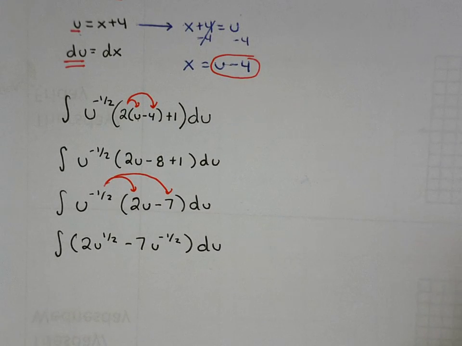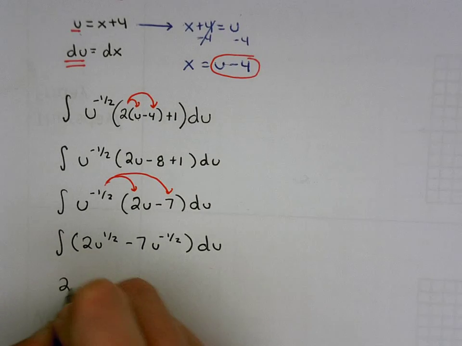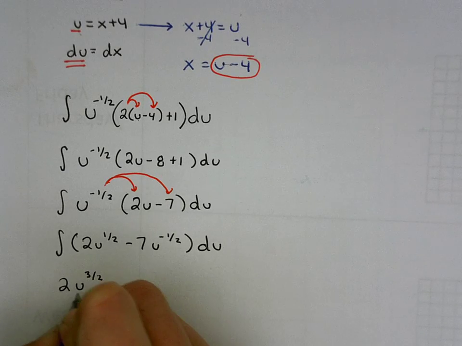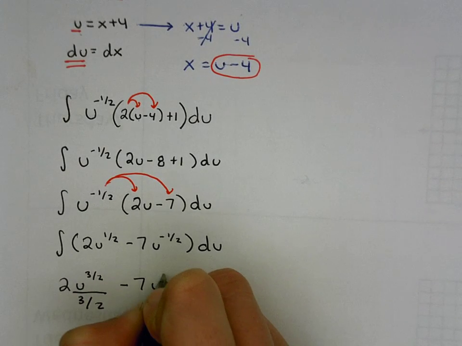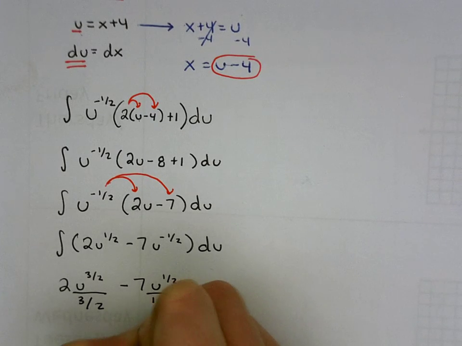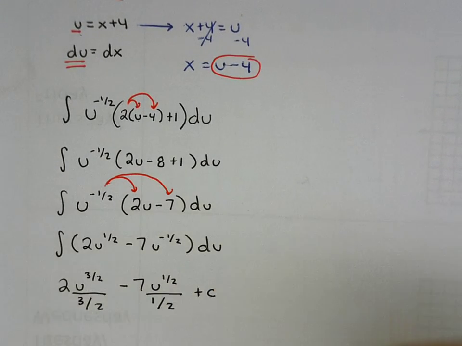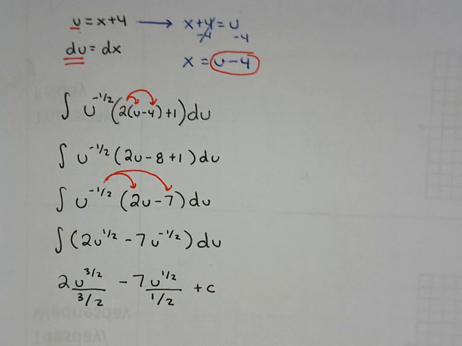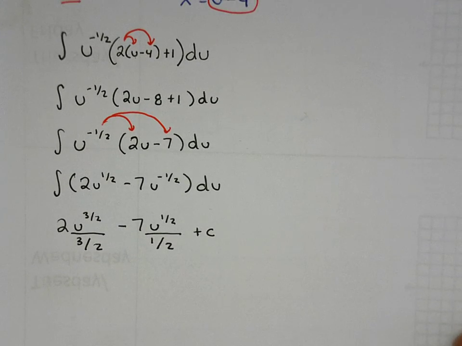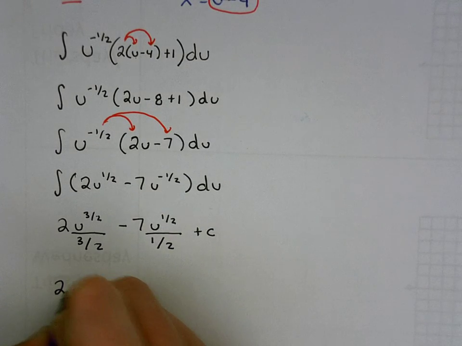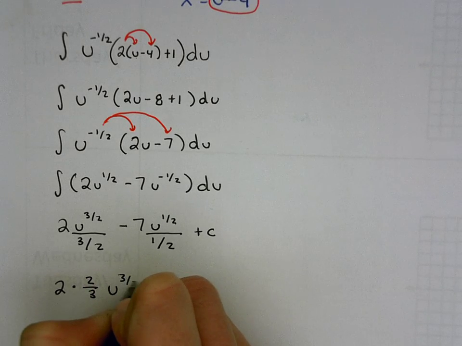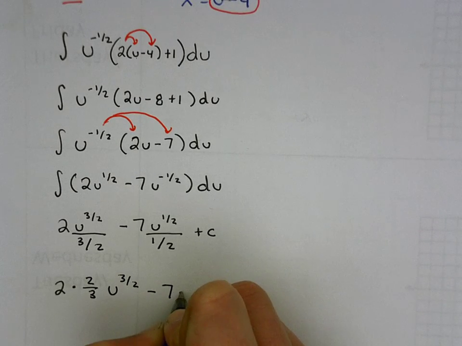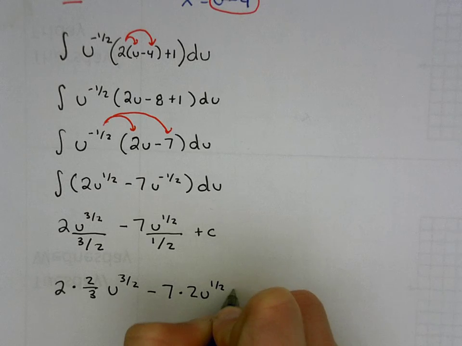We can add 1 to the exponent and divide by the new exponent. So we're going to have u to the 3/2 divided by 3/2 minus 7u to the 1/2 divided by 1/2. And then remember, dividing by a fraction is the same thing as multiplying by its reciprocal. So this is going to be 2 times 2/3 u to the 3/2 minus 7 times 2 u to the 1/2.